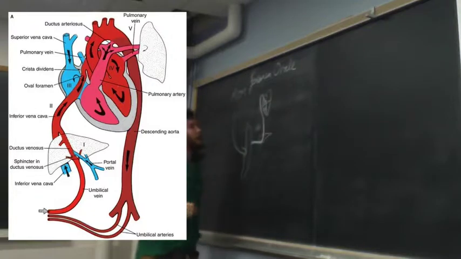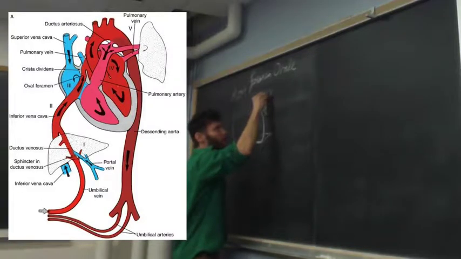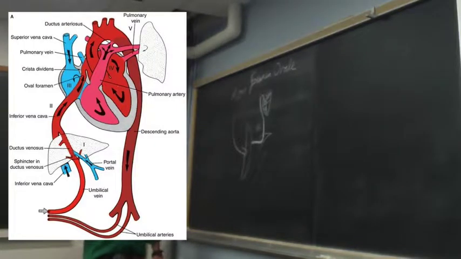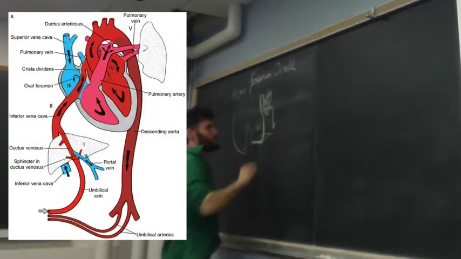And what happens is this shunts blood from the right atrium to the left atrium, where this oxygenated blood is going to get shipped to the rest of the periphery. Okay? So it's coming from here, goes down here to the left ventricle, and then goes to the periphery.